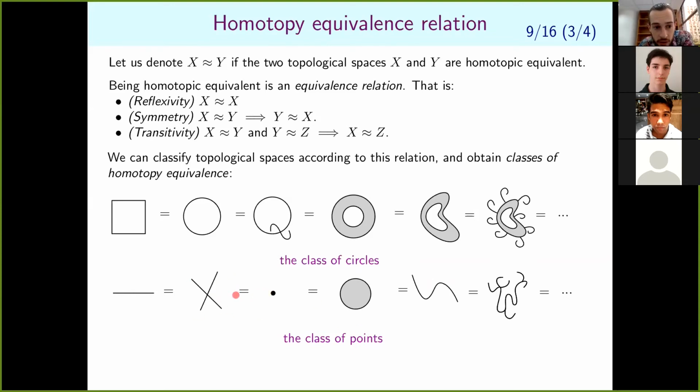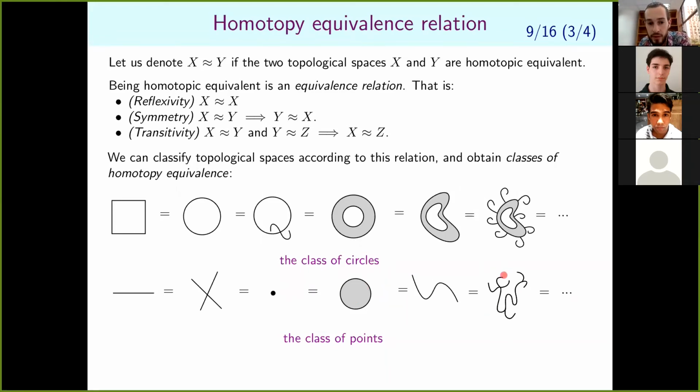Okay, this cross can be retracted onto its center point. You take the point and you retract the branches. The disk also. You can retract the disk onto the center point.